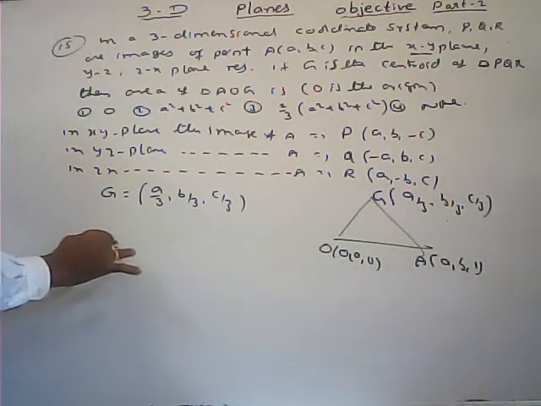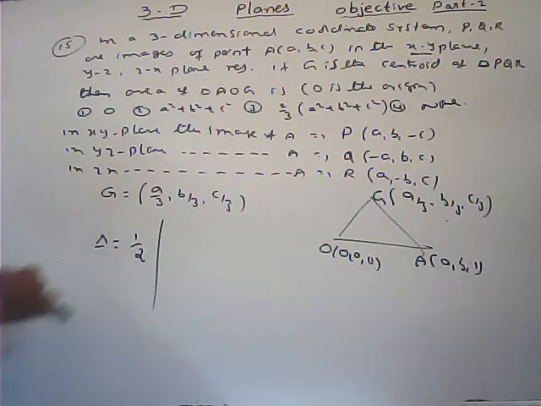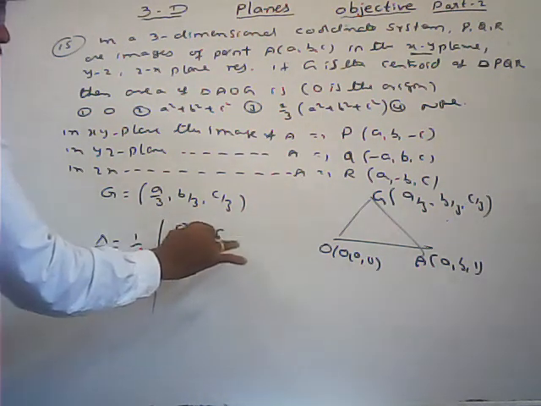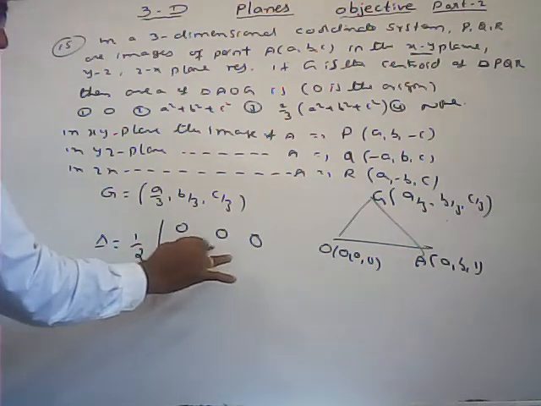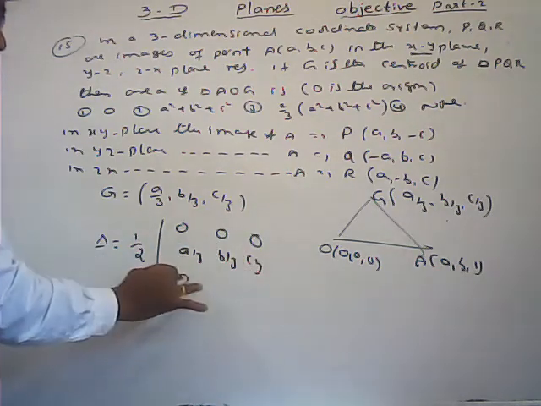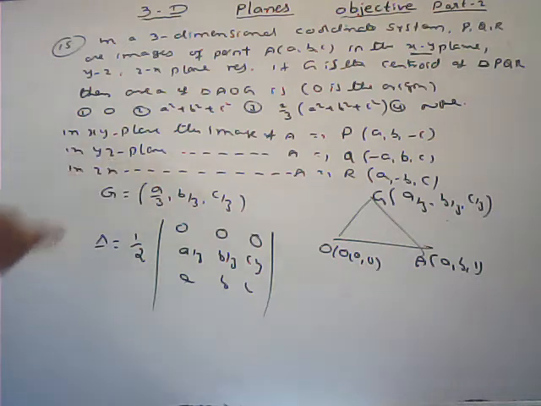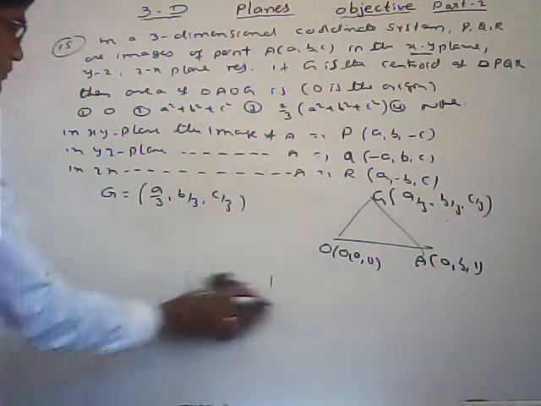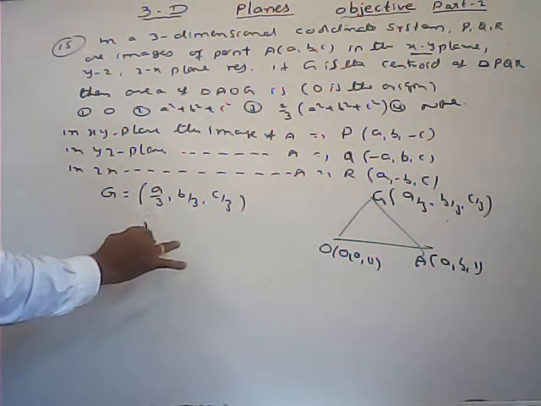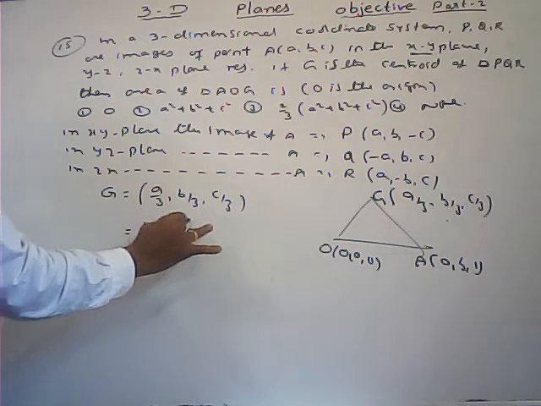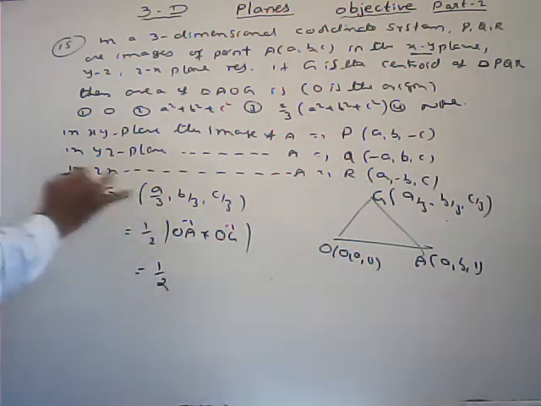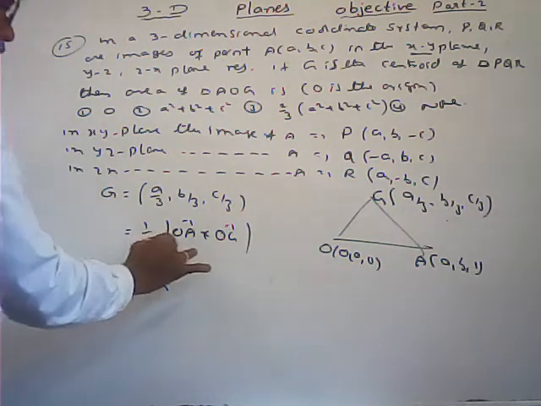The area equals one-half into the determinant of 0, 0, 0; a by 3, b by 3, c by 3; a, b, c. Otherwise here we can write one-half into the modulus of OA bar cross OG bar.